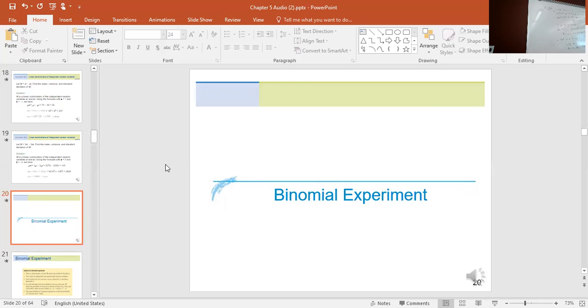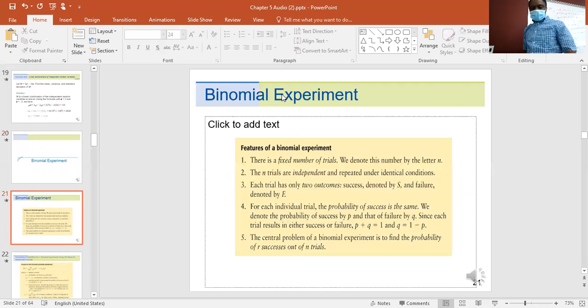Section 5.1, binomial experiment. A binomial experiment consists of a fixed number of independent trials.